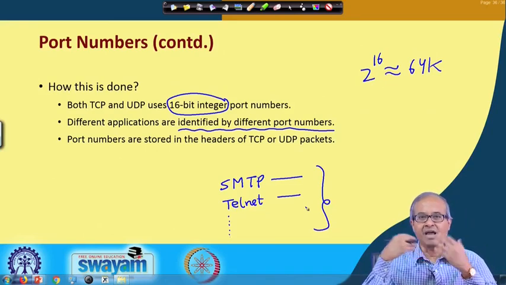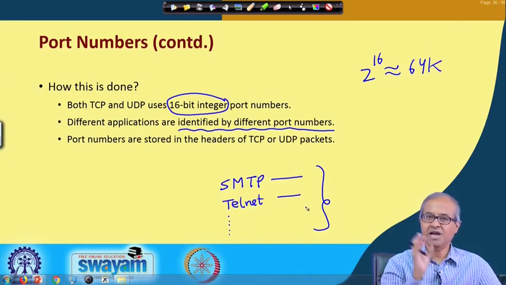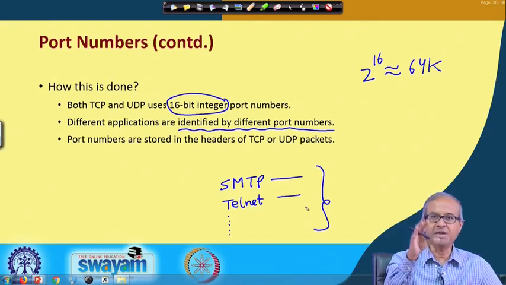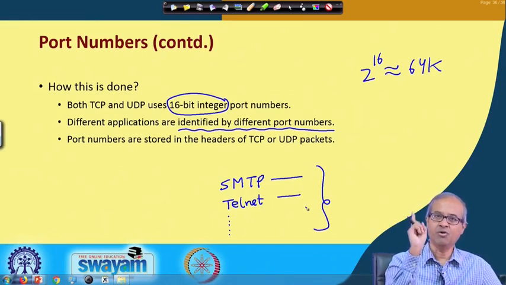So, suppose I am trying to send a mail, I know that is my mail server, I always know that my mail server will be working on port number so and so, port number 25 or something, whatever. So, whenever I want to send a packet to my mail server, that particular process, I will be sending a packet mentioning destination port number is equal to 25. So, it will always go to the mail server.